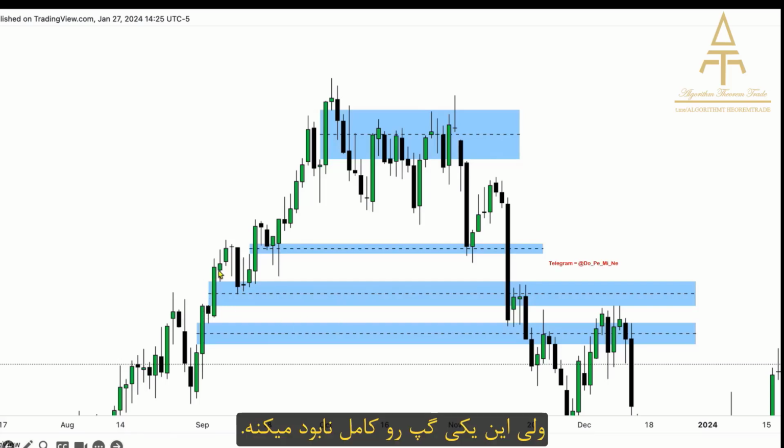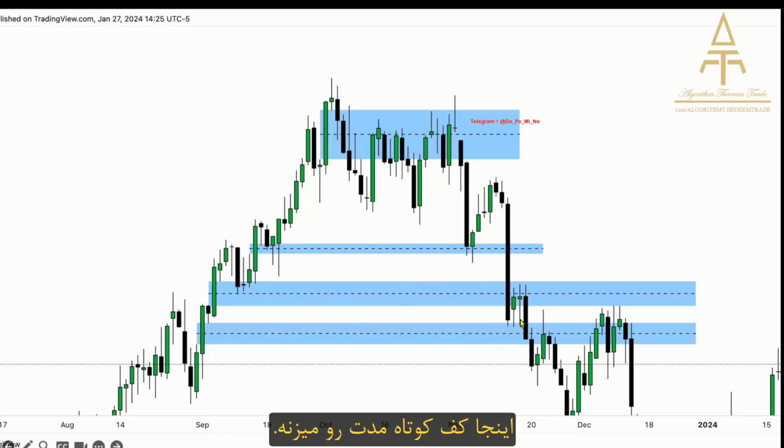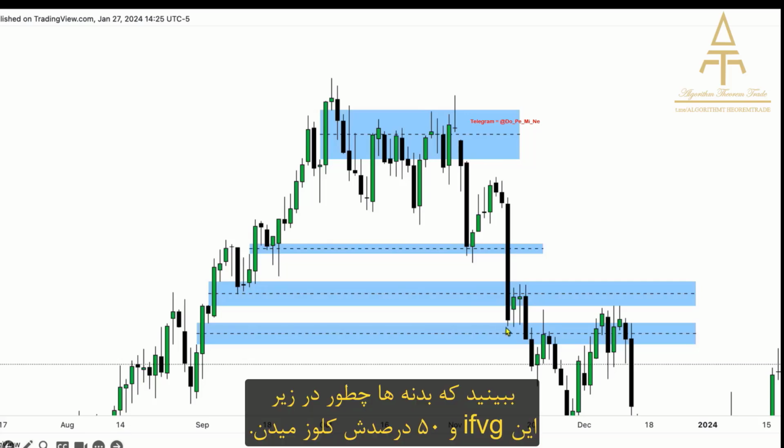This BC again, market trades into it but completely overshoots it. Market trades into a lower BC as well. This is where short-term low gets created. Market retraces, look at the bodies closing below 50% of that inverted fair value gap.